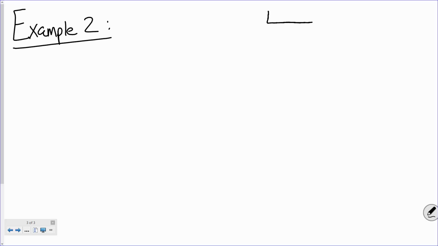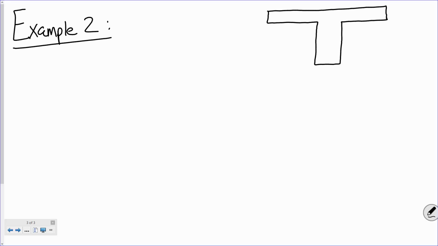All right, so let's look at example 2. Actually, let me make that a little bigger. Okay, so example 2, all right, we have a beam something about like this.